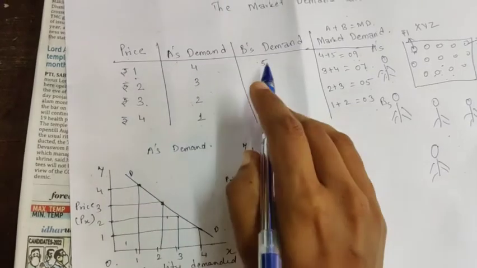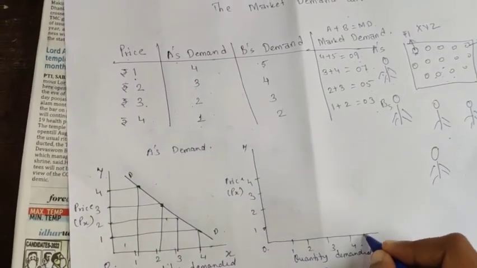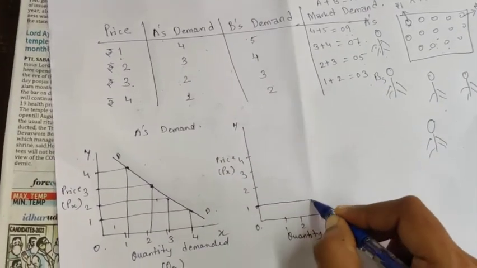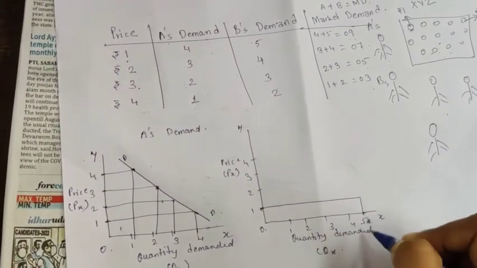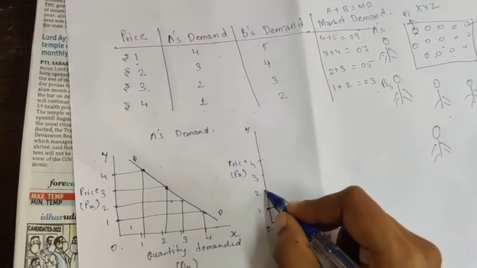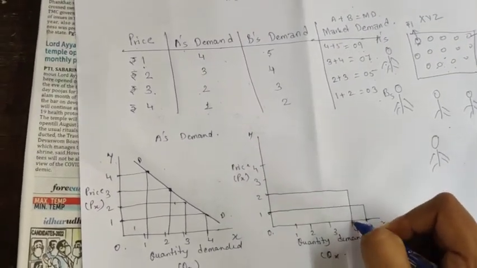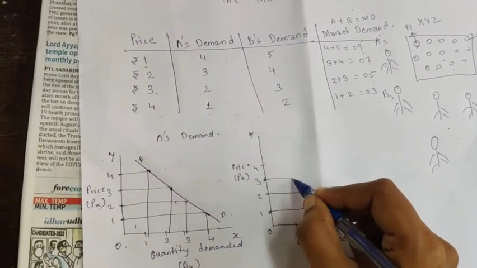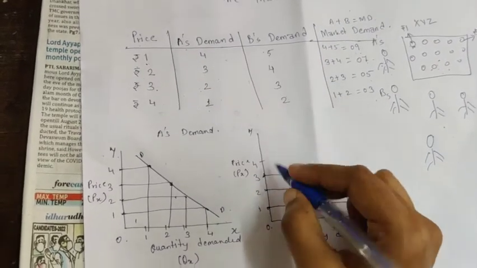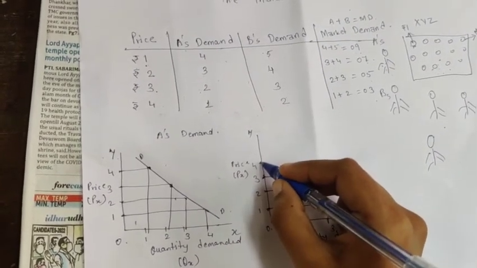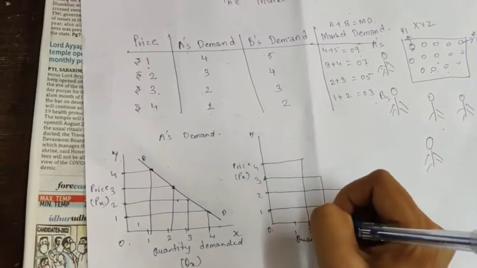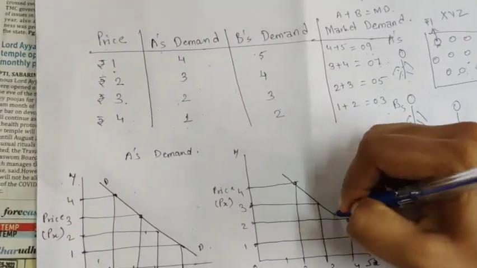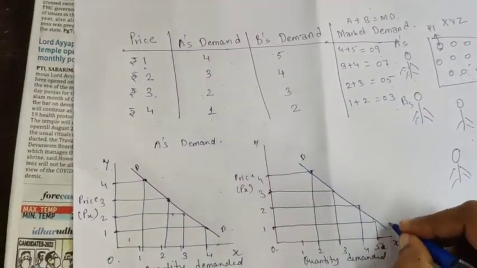Price 1 and quantity demanded 5 on the x-axis. Then price 2, quantity demanded is 4, price is 3, quantity demanded is 3. Then when price is 4, your quantity demanded is 2. Plot all these points and draw a straight downward sloping line, that is your DD, demand curve.